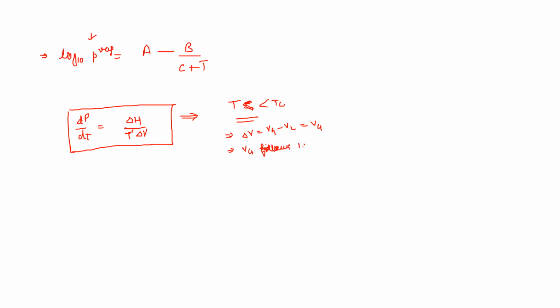On the basis of these three assumptions, we get the Clausius-Clapeyron equation, which states that ln P2S by P1S is equal to delta H by R times 1 upon T1 minus 1 upon T2.